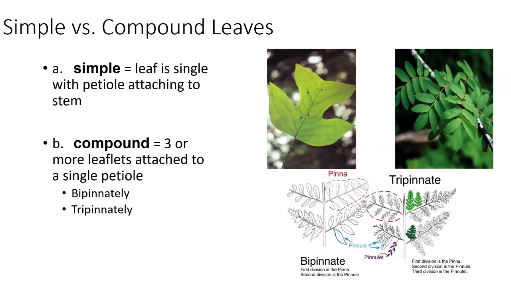So it's going to be a compound leaf. Tripinnately compound, many of our ferns can be tripinnately compound, and also many of our tropicals. So again, they have 3 or more leaflets attached to that single petiole.